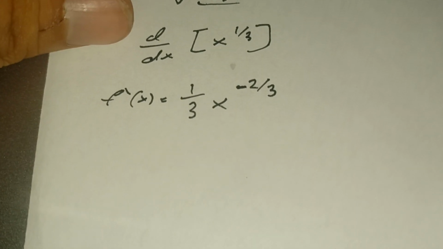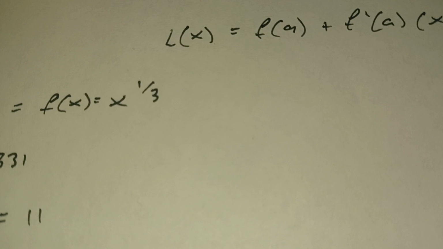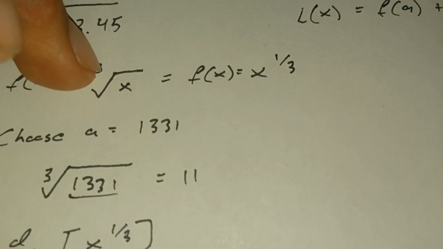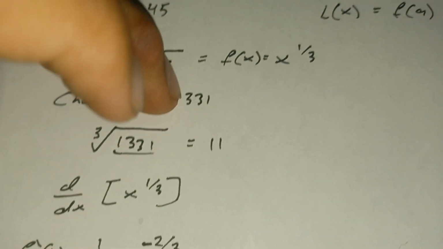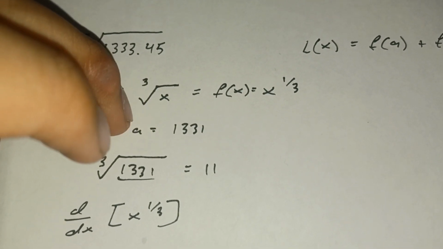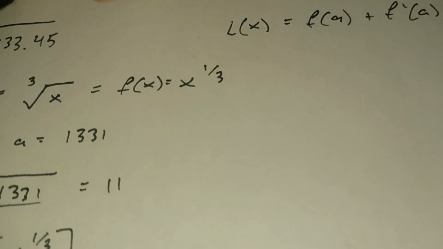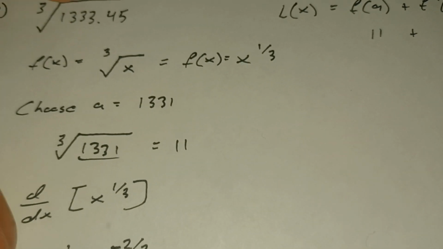So let us go ahead and evaluate right here. So f of a. What is f of a? Remember, this is our function. Our a is 1331. If we move our a into our function of the cube root of x, the cube root of 1331 is, as we established, 11. So that is 11, plus f prime of a.